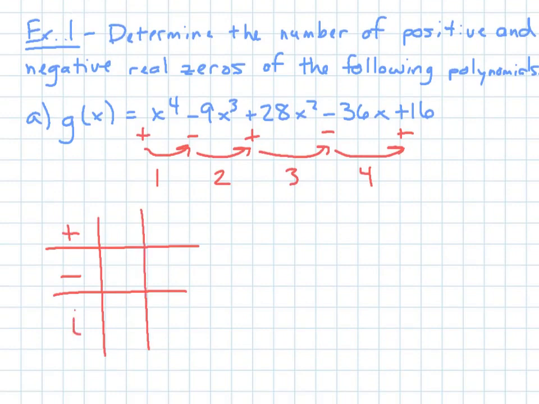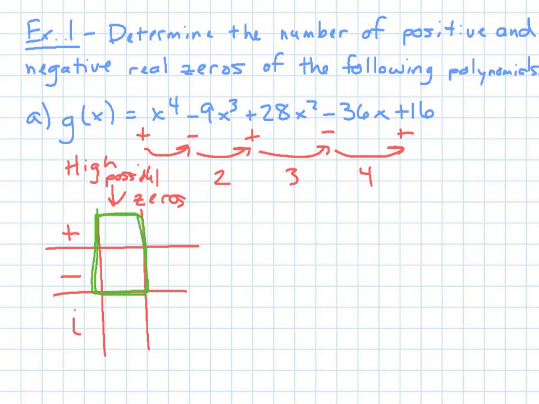okay, and so this first column that I'm going to make is the highest possible zeros for these two. Let me do that in a different color. For the positives and the negatives.